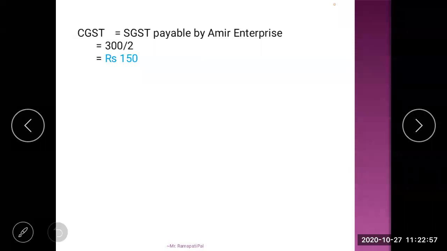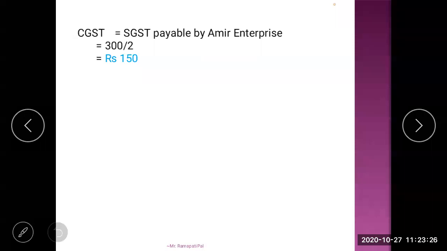Okay. First of all, we have seen Amit Enterprises, correct, na? First we saw the input and output of Amit Enterprises. Now we are going to see the Akbari Brothers. So what is their input and what is their output?